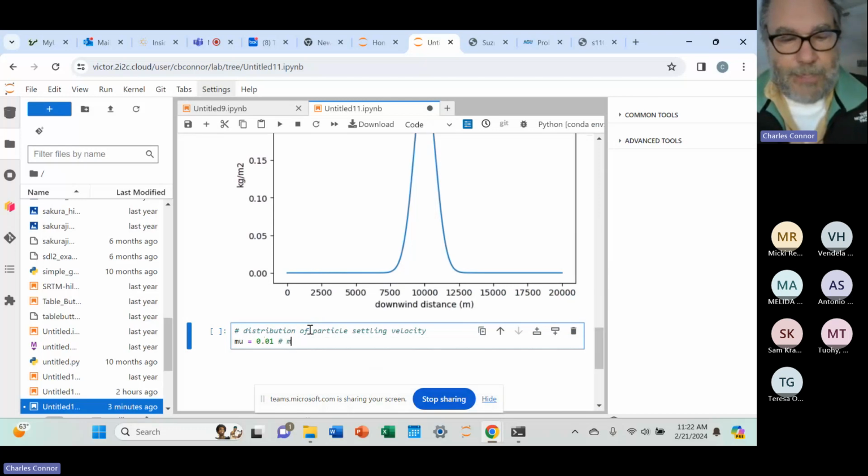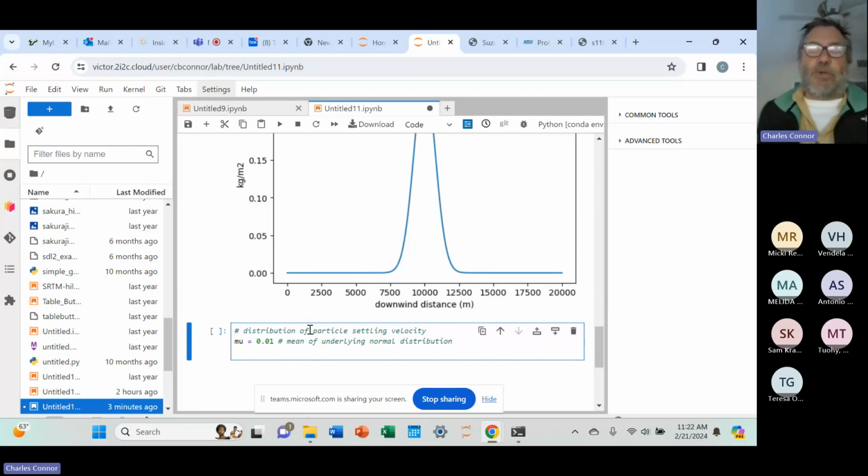I'm going to say I've got a mean of an underlying normal distribution. So remember, I don't know if you've come across this before or not, but if I've got a normal distribution in phi units of particle size, then I've got a log normal distribution in millimeters, right?